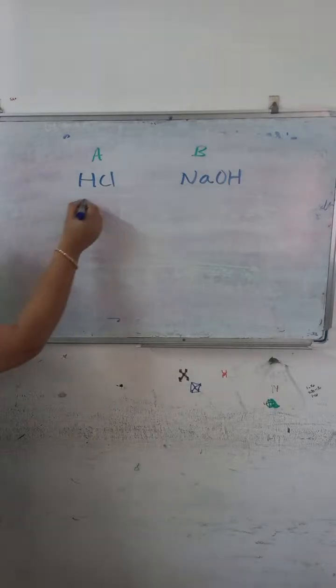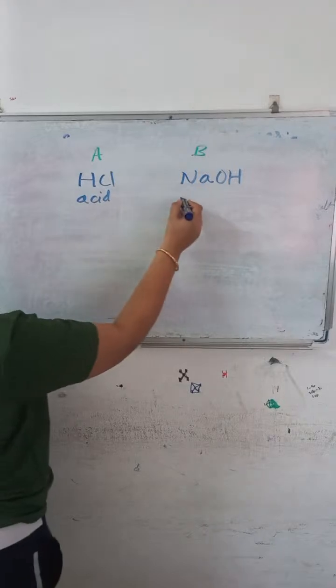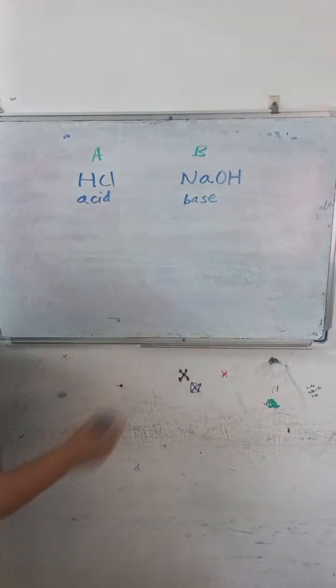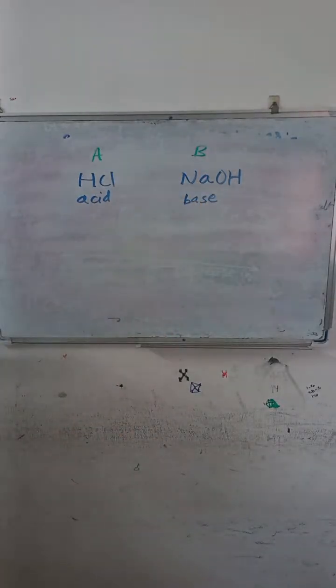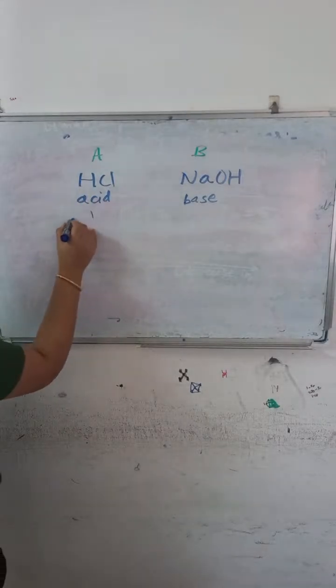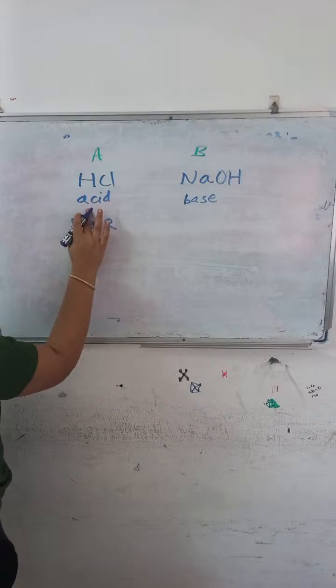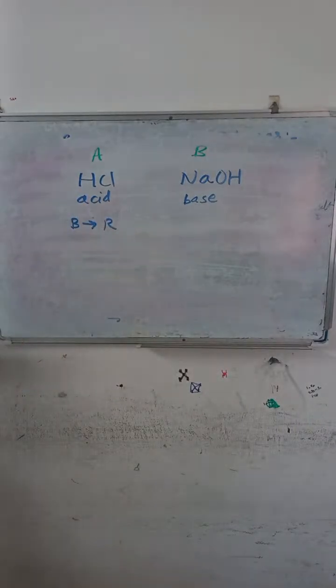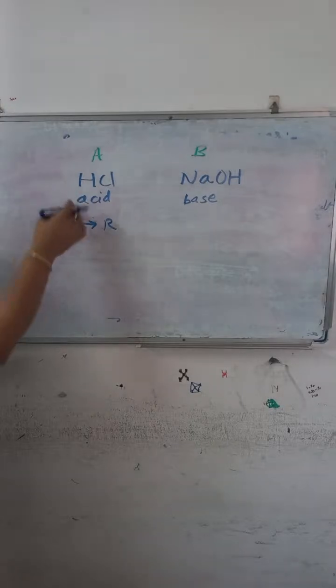HCl is nothing but an acid, and this is a base. So test tube A contains acid and B contains base. If acid is present, blue turns to red, and here hydrochloric acid turns blue litmus to red.